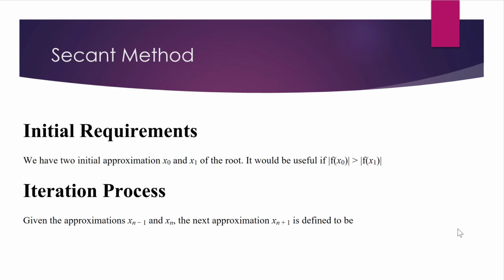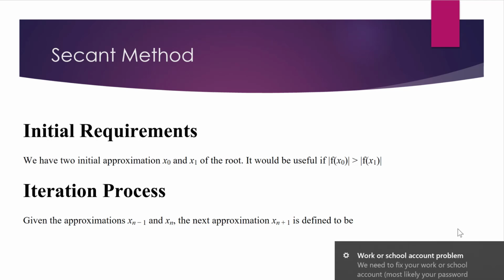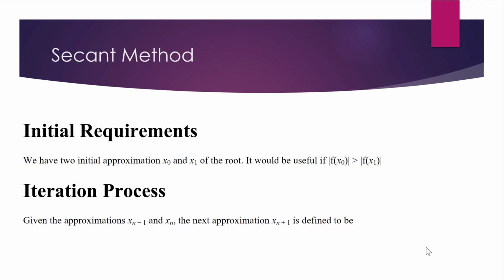If you have 2 approximations of the root and you don't know which one should be x0 and which one should be x1, then you need to compare the absolute value of the function at these 2 points. Iteration process: given the approximations x_{n-1} and x_n, how do we find the next approximation x_{n+1}?